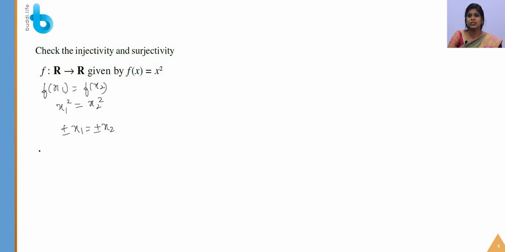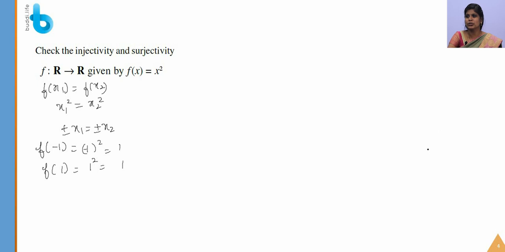We can also give some examples. See, f of minus 1 is equal to what? Minus 1 the whole square equal to 1. f of plus 1 equal to plus 1 the whole square, which is 1. See, minus 1 is mapped to 1 and plus 1 is also mapped to 1. So it is not a one-to-one function, it is a many-to-one function.